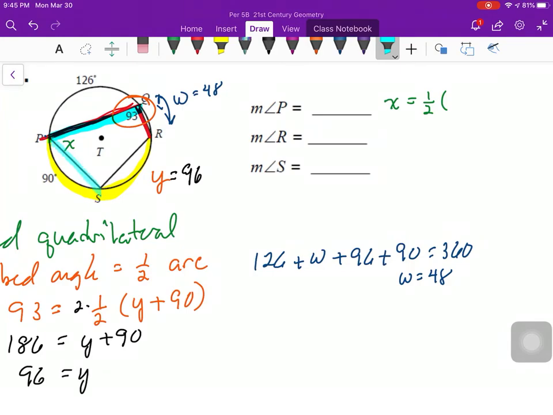Well, the intercepted arc for angle x is going to be if I take the 48 plus the 96. So that comes out to be 72.